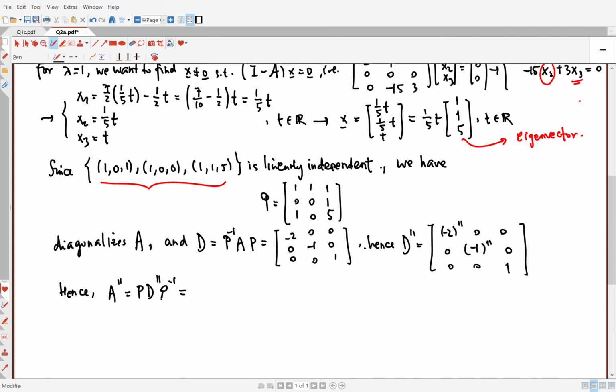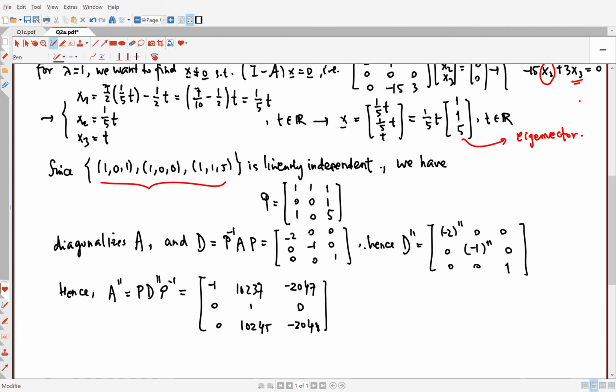So you do matrix multiplication, this times P inverse. Okay, so I will have, I'll just copy the answer, minus 1, 1, 0, 2, 3, 7, minus 2, 0, 4, 7, 0, 1, 0, 0, 1, 0, 2, 4, 5, minus 2, 0, 4, 8.